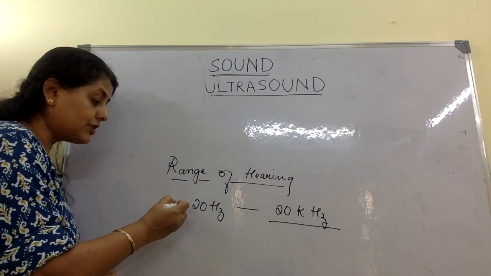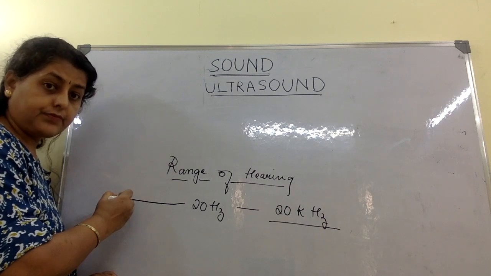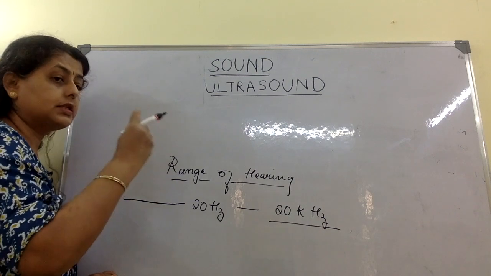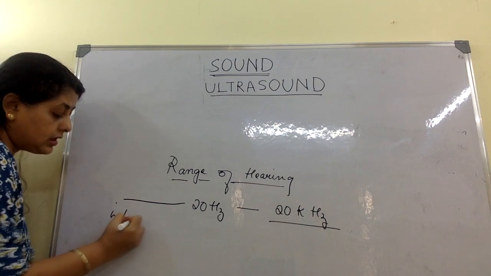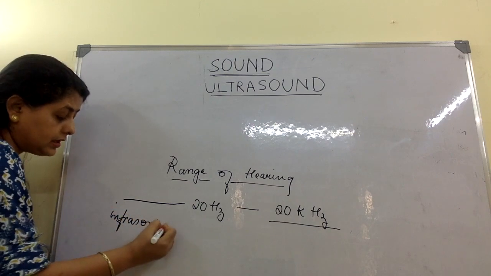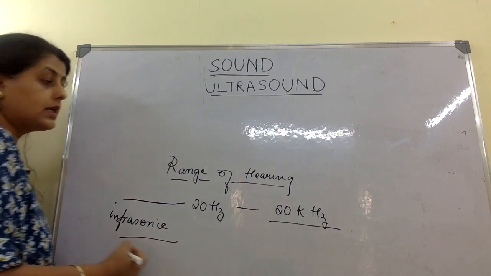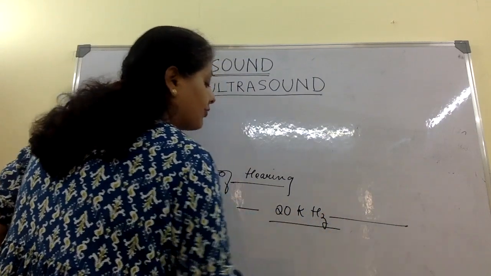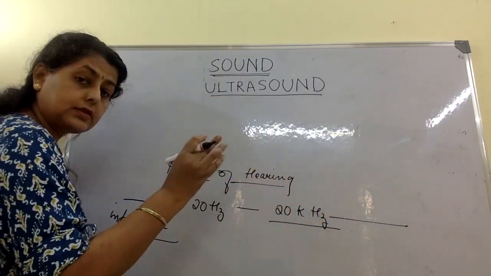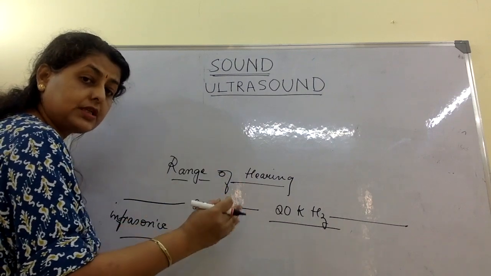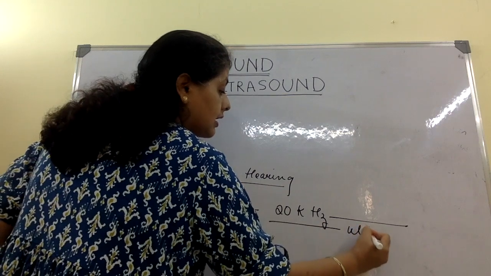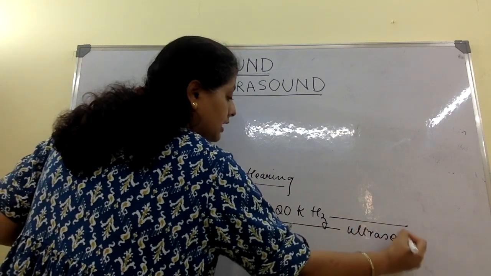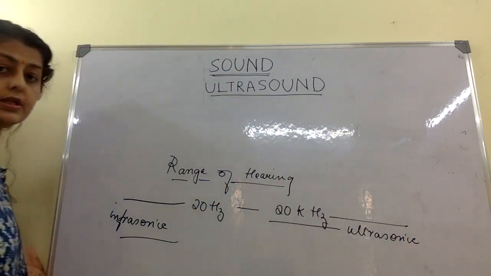If any frequency is below this, that is 5 hertz, 10 hertz, whatever, it is called infrasonic. And if any vibration has a frequency of more than 20,000 hertz, it is called ultrasonic.